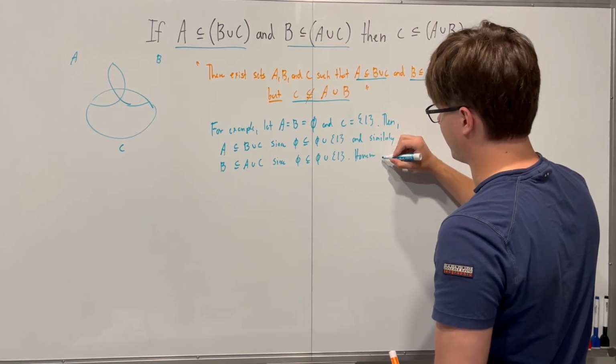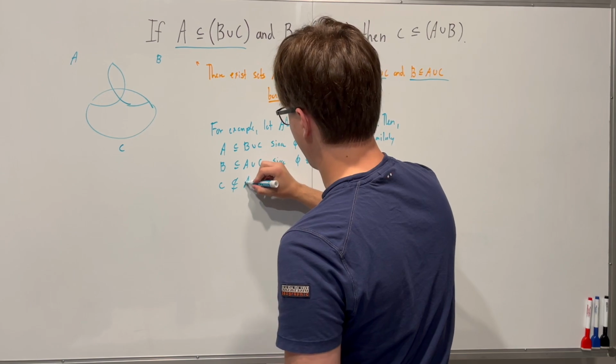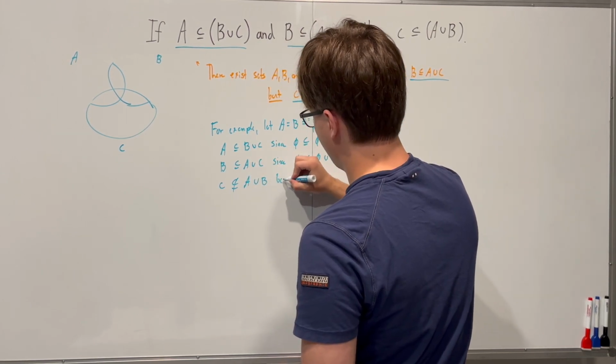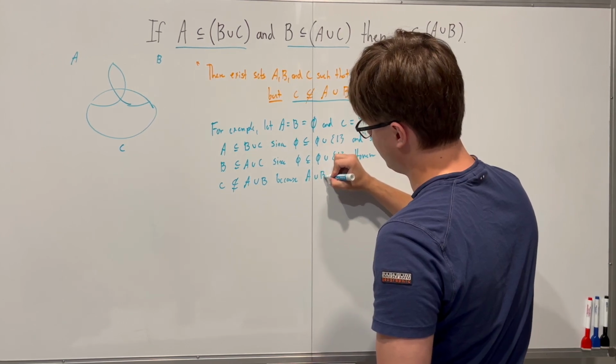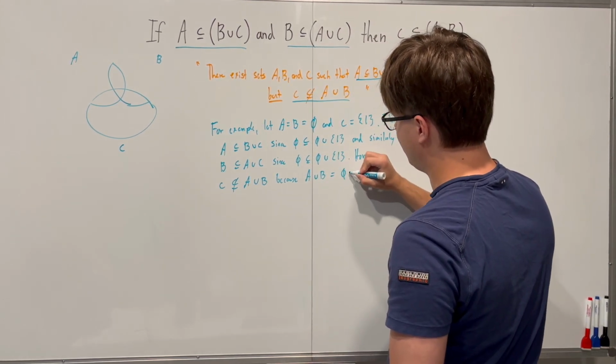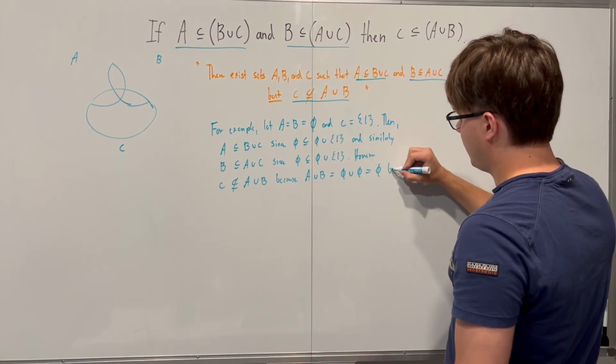So we say, however, C is not a subset of A union B because A union B is equal to the empty set unioned with the empty set, which is just equal to the empty set.